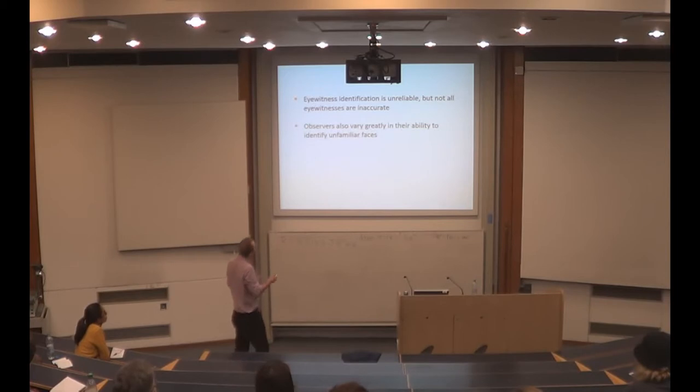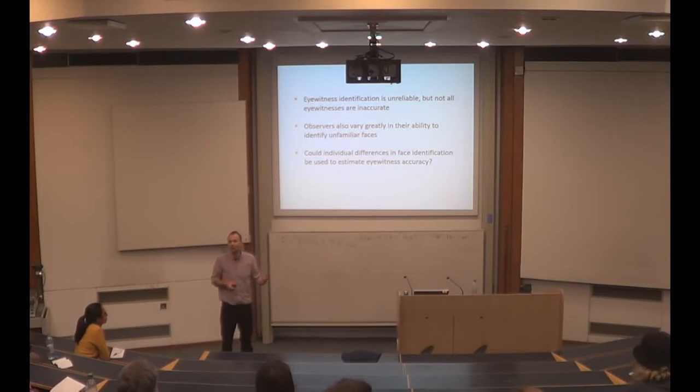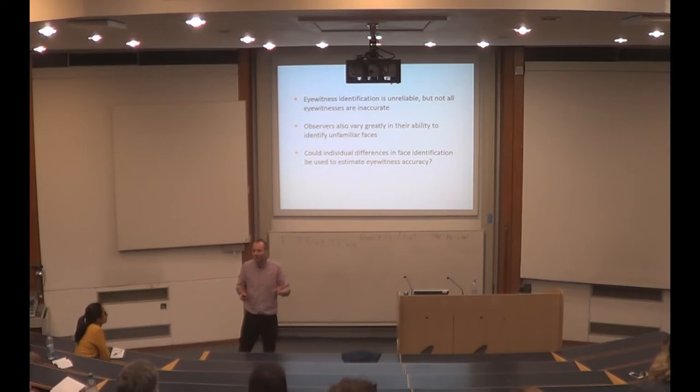And one aspect that is interesting is that observers vary in their ability to identify faces. And that this variation in ability can be used to dissociate correct from incorrect eyewitnesses. I'm not pretending that this might be the case in the real world, but I think it's certainly enough food for thought in the context of these laboratory experiments.